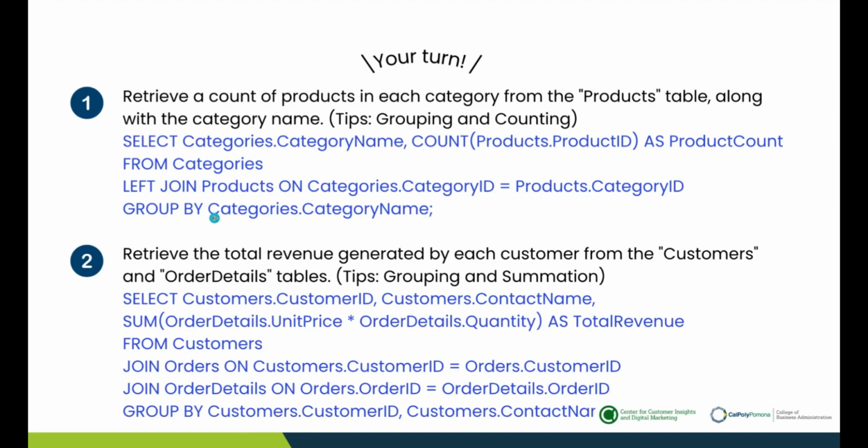So that's why I do categories dot category's name. And then the condition is when the category's ID is equal. Then I select the category's name and the count of the product, and product count is just me changing the name of the count column. Okay, 2 minutes left.